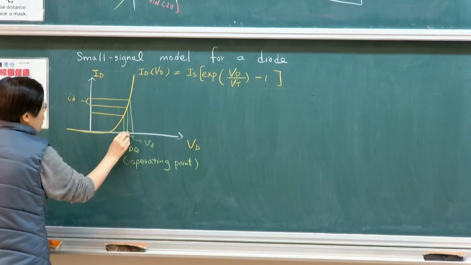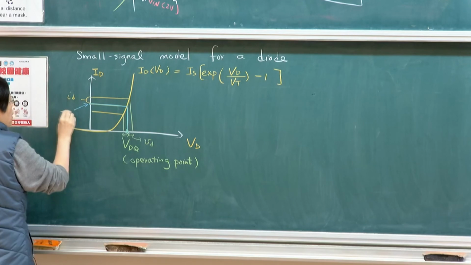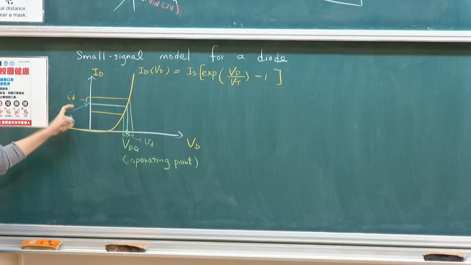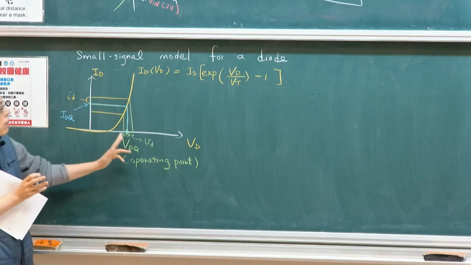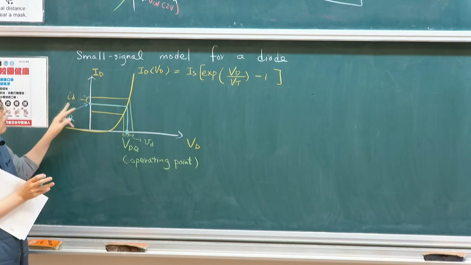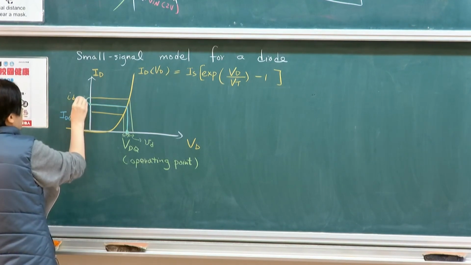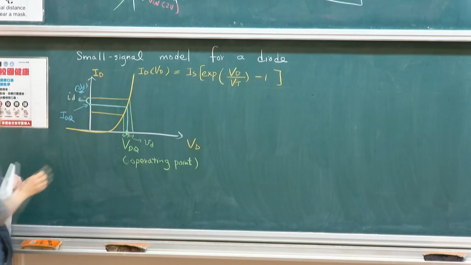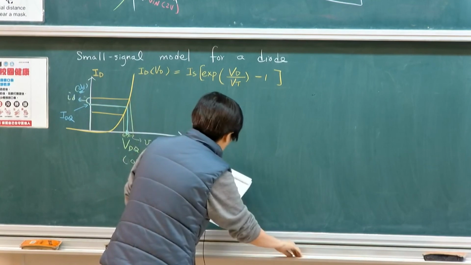Once you stand at this DC level, the corresponding level of current is typically referred to as IDQ. So you stand at VDQ, you look at IDQ. Then when you move a little bit away from the center, the corresponding response is a change in current, corresponding to the signal change. So there is a small signal change and then a corresponding diode current change.